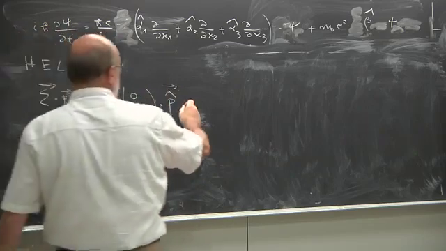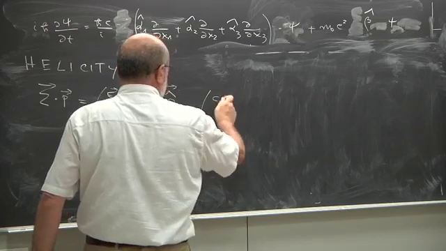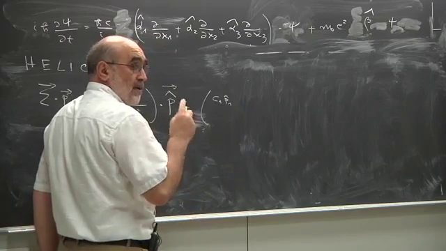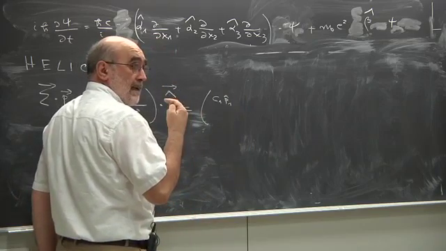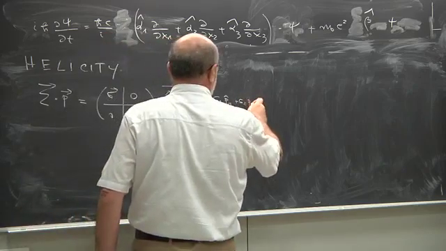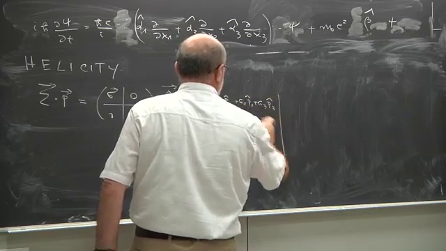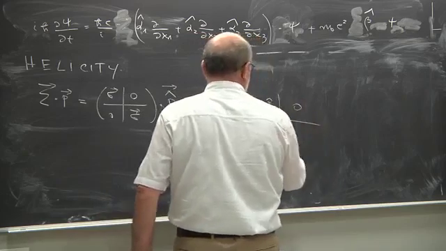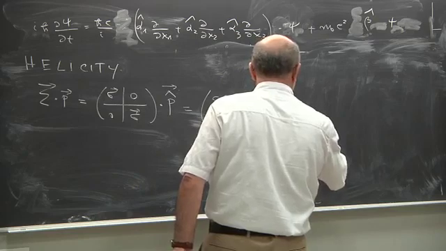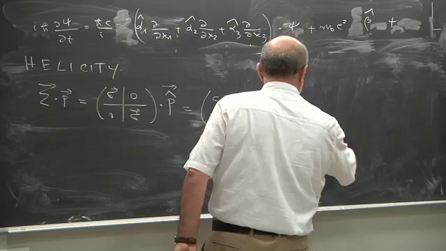So basically this object means the following. Sigma 1 P1, where P1 is an operator not in the 4 by 4 space but in the Hilbert space, plus sigma 2 P2 plus sigma 3 P3, in both diagonal blocks.